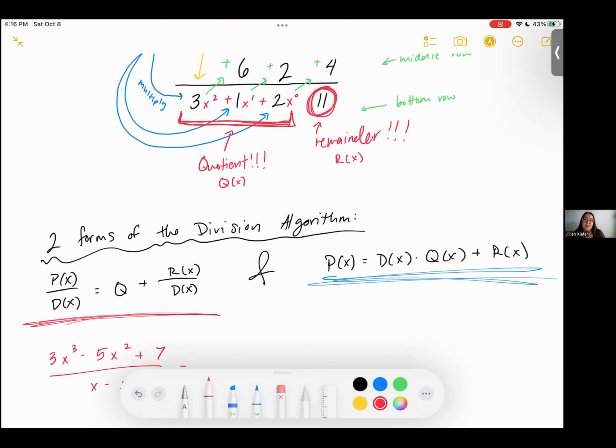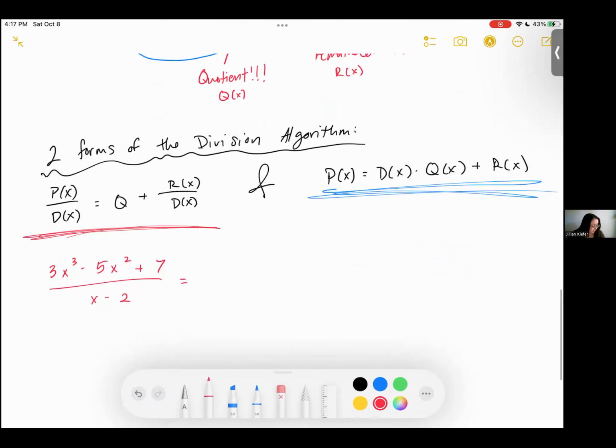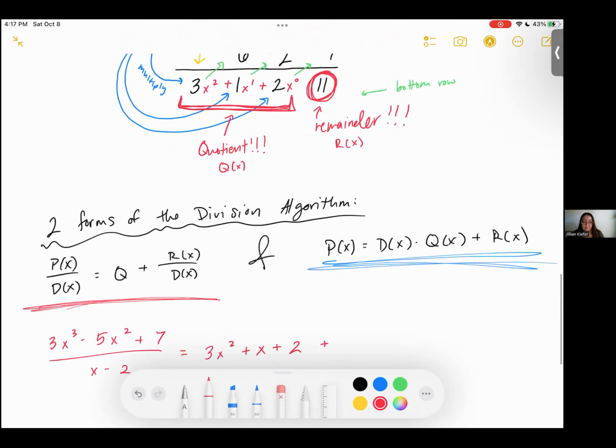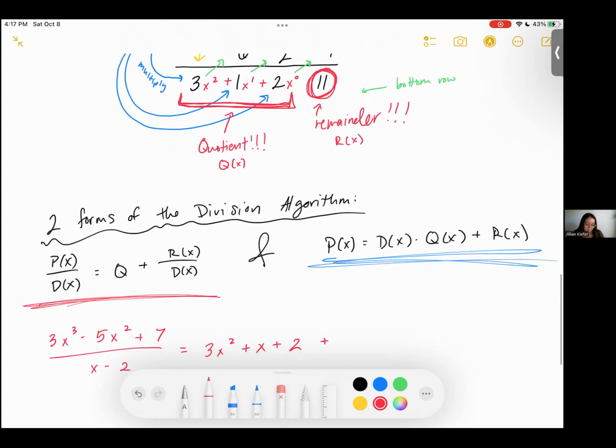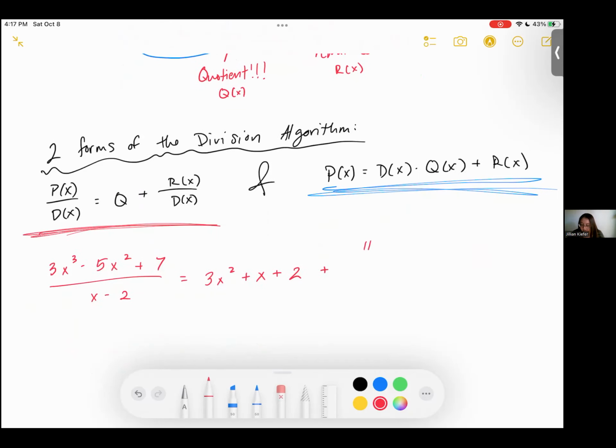So it's 3x squared plus x plus 2, because 1x is really just x, and x to the power of 0 is technically just 1, times 2 is just 2. So the quotient is 3x squared plus x plus 2. And then plus the remainder, which was 11, so we're going to have plus 11 divided by the divisor, x minus 2.